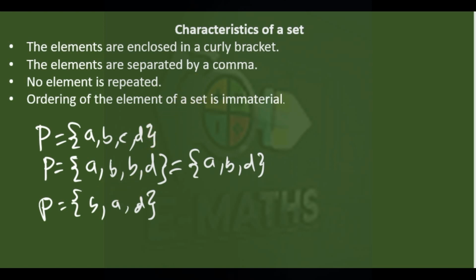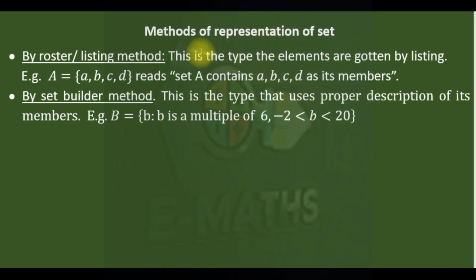The next one is now representation of set. To represent set, we use two methods: by roster or listing method, where we list the elements one by one, as you can see, the elements are a, b, c, d. Or the second one, we use set builder notation, like this. It says B, the set inside B must be a multiple of 6 within this boundary.